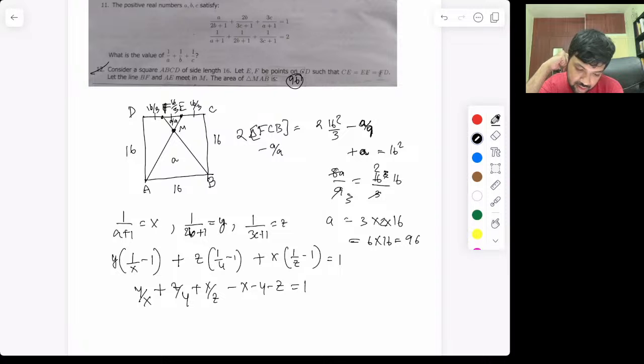I see. But that won't help, I think, right? A plus 1 minus 1. The first equation. That will give me 3. I think they are positive real numbers.